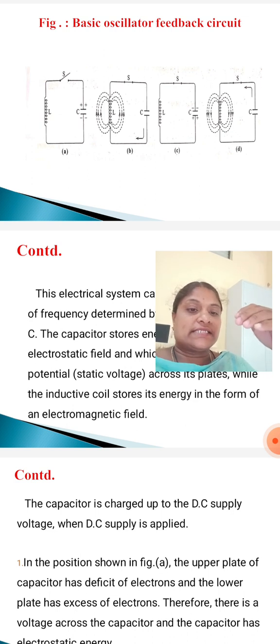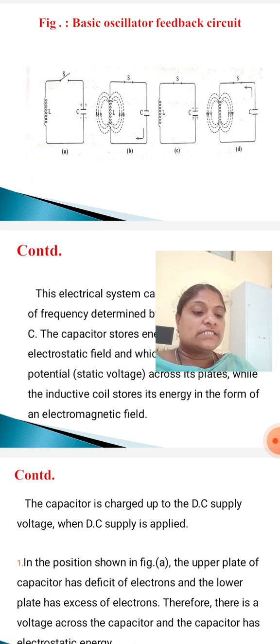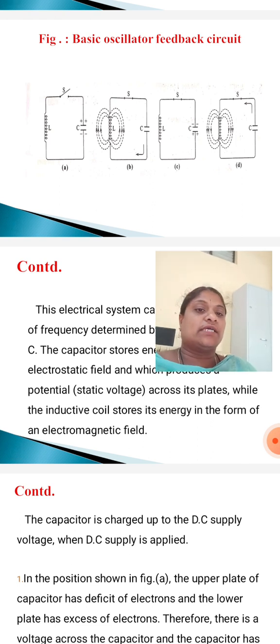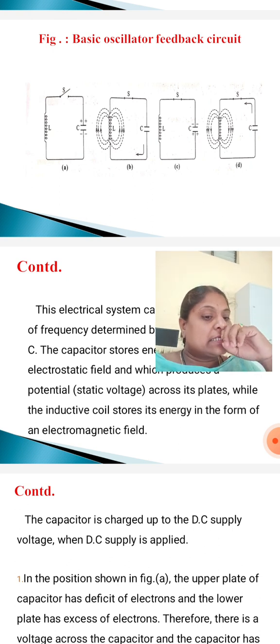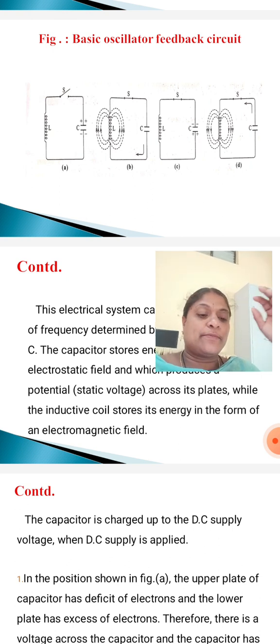So the resultant is that the capacitor is now charged with opposite polarity, making the upper plate of the capacitor negative. Because of the same direction, the capacitor is now charged with opposite polarity.